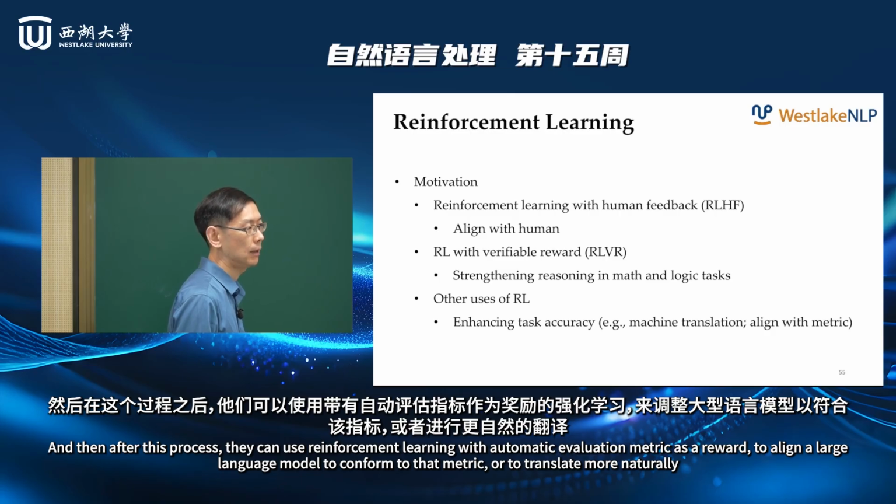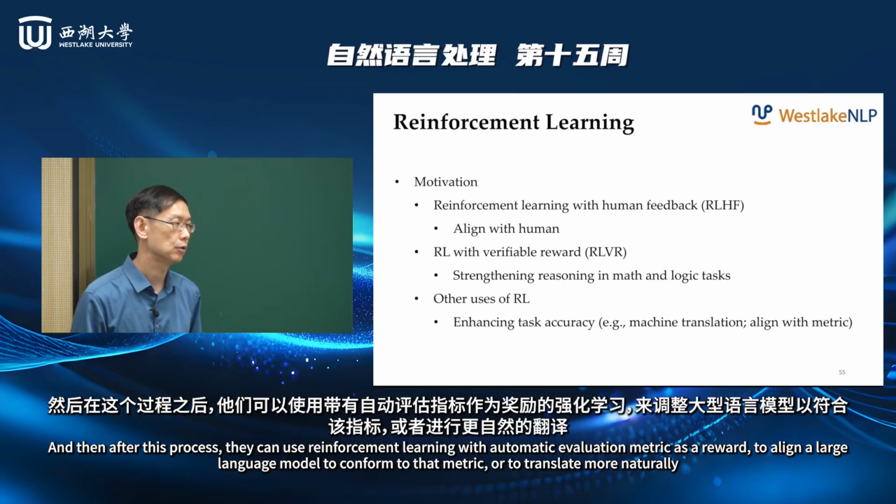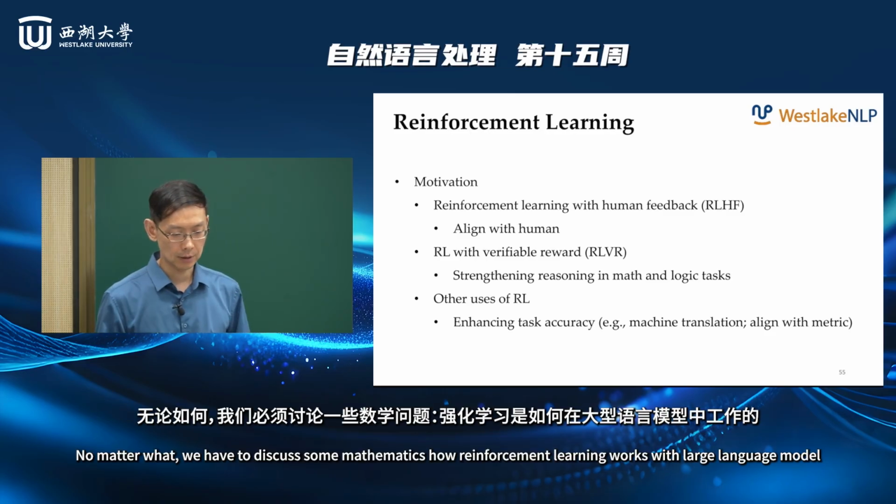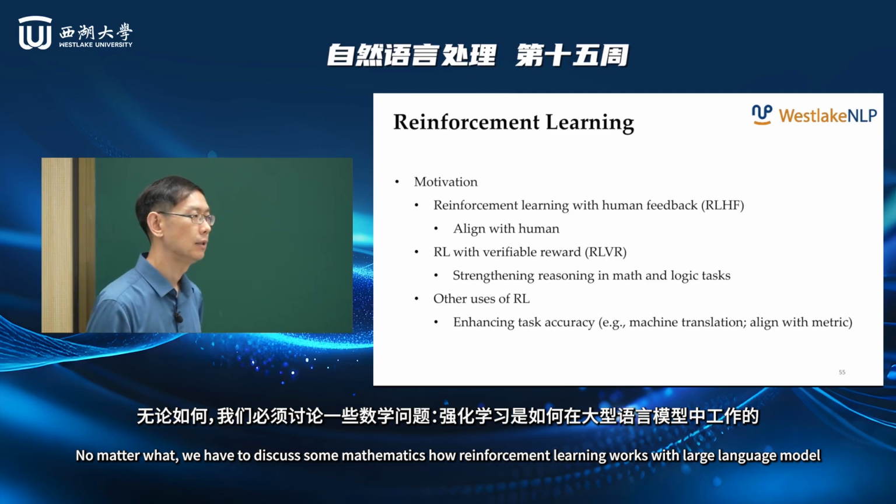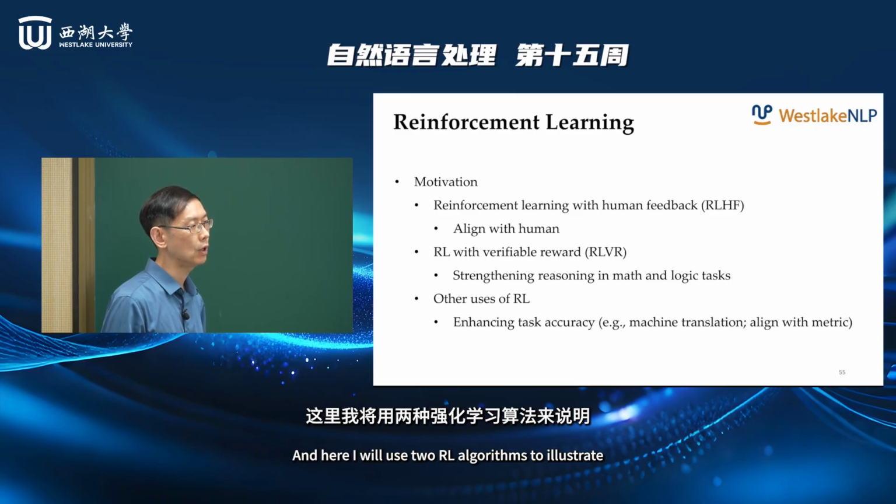And then after this process, they can use reinforcement learning with an automatic evaluation metric as the reward to align a large language model to conform to that metric or to translate more naturally. So no matter what, we have to discuss some mathematics, how reinforcement learning works with large language models. And here I will use two RL algorithms to illustrate.